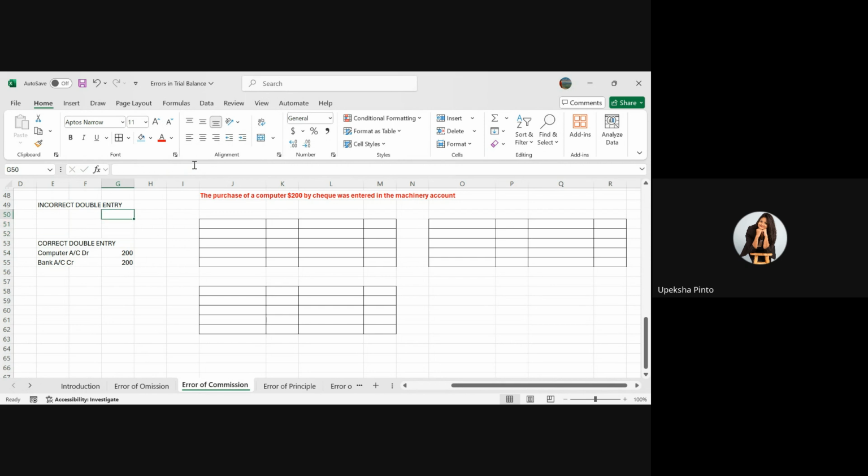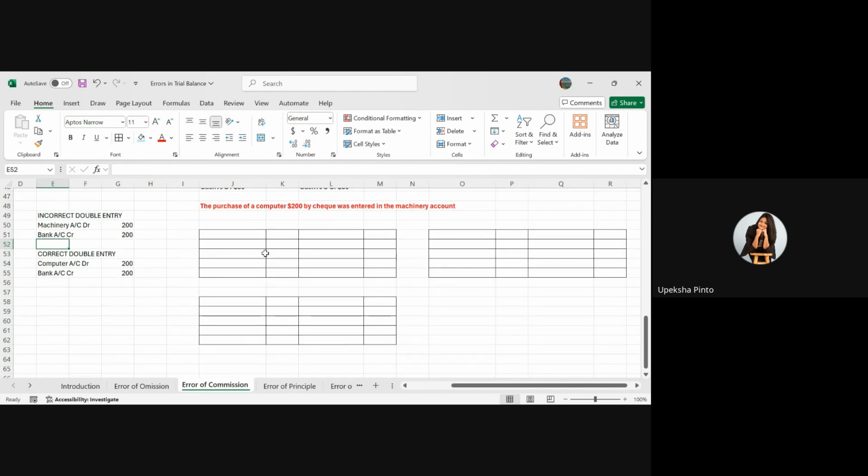Instead of putting computer, you have put it under machinery account, right? So machinery account debited by 200, but bank account is the same, which is bank account credited. This is the incorrect and the correct double entry. So we'll try to put the wrong ones and the correct ones and use these T accounts.